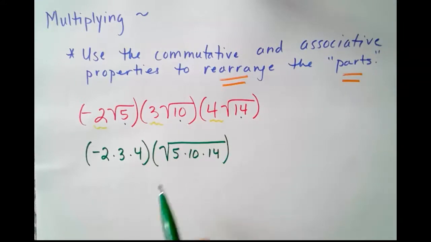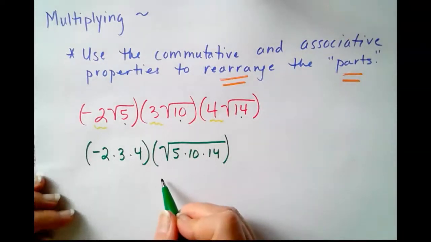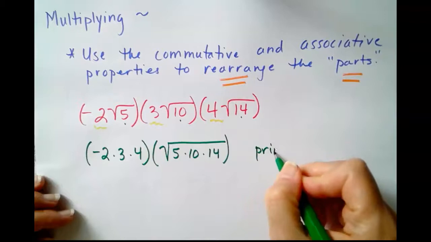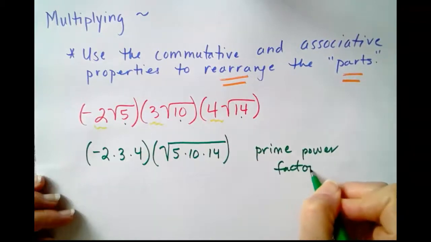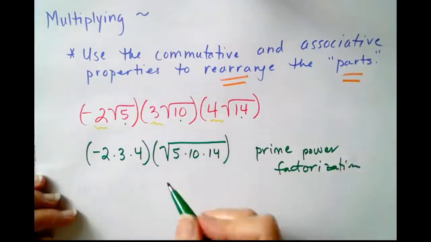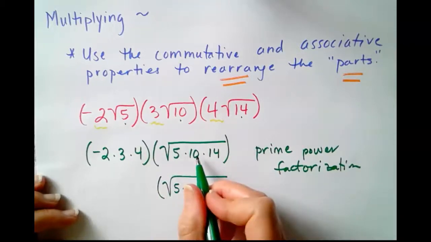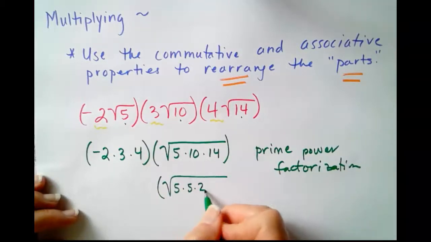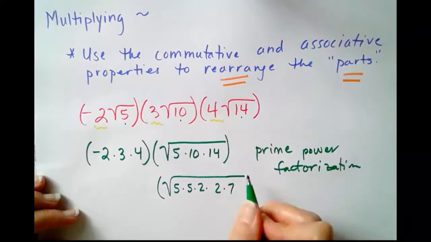But what would be even easier, rather than multiplying that out, is to think about the 5, the 10, and the 14 in terms of the prime power factorization, because this will more quickly take us to the simplified radical. So 5 cannot be broken, but 10 is 5 times 2, and 14 is 2 times 7.